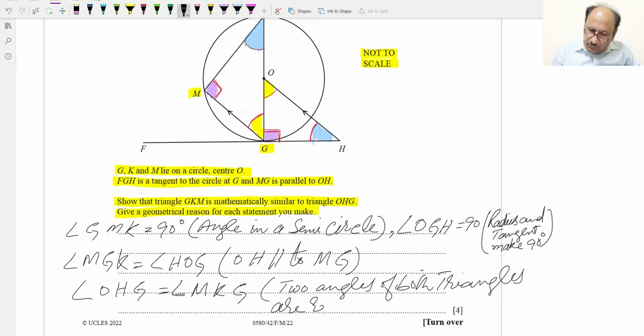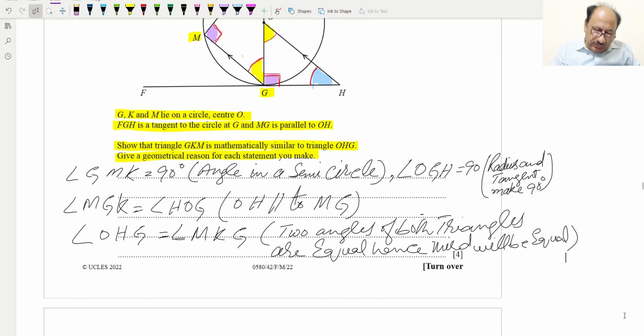So hence third will be equal. Hopefully you will be able to read.